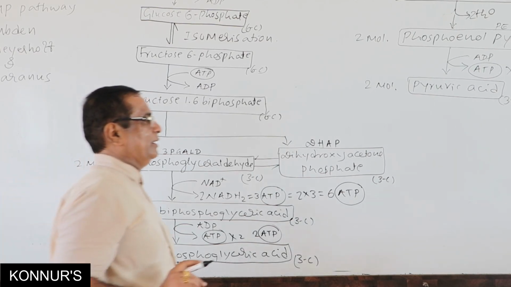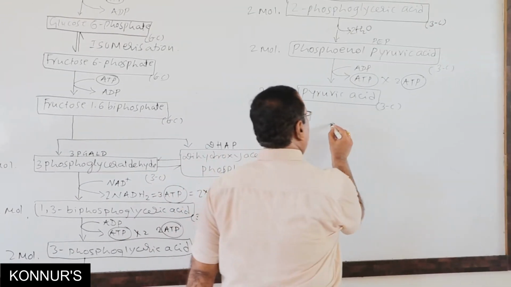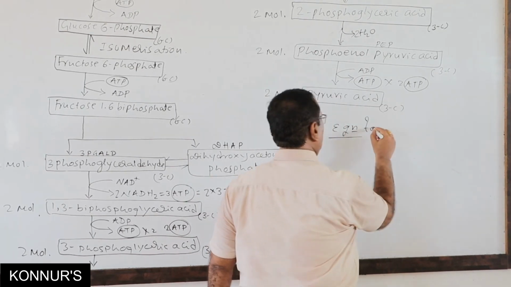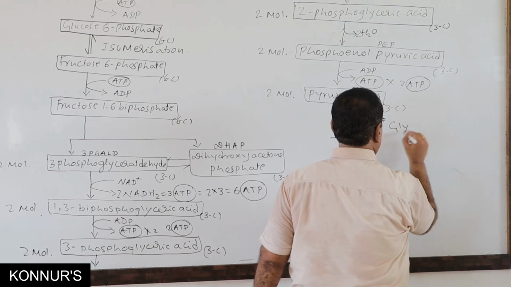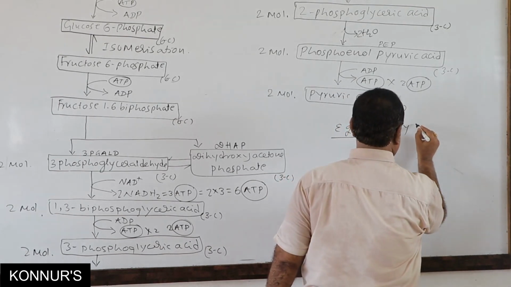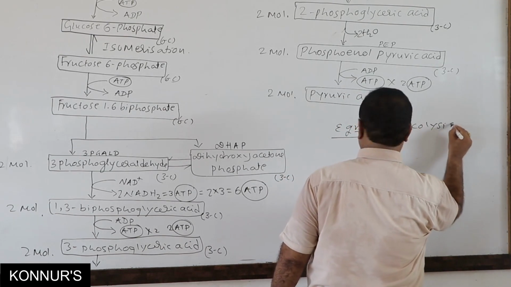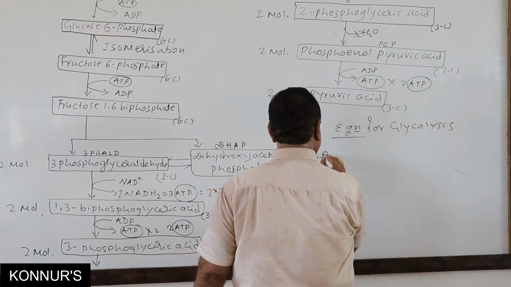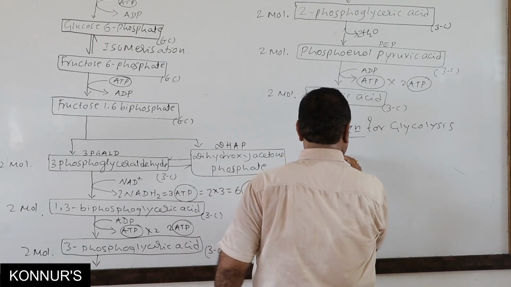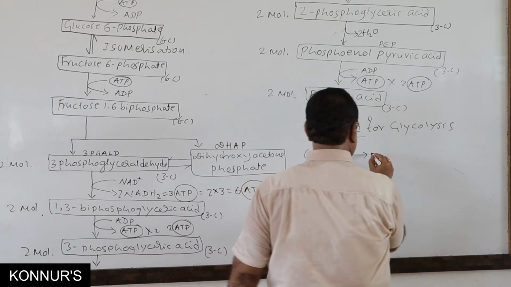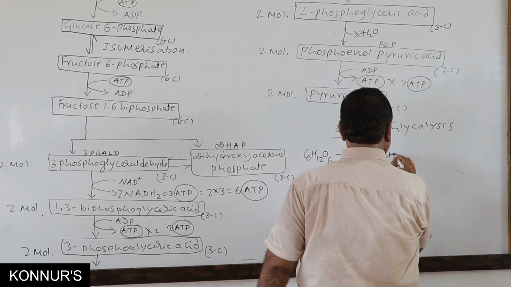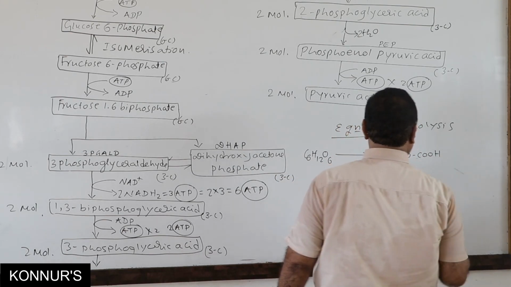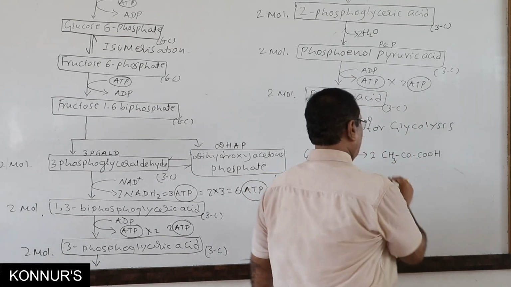And then it is time to know the equation for glycolysis in a single equation. Glucose, C6H12O6, gives 2 molecules of pyruvic acid. CH3COCOOH is the molecular formula of pyruvic acid.